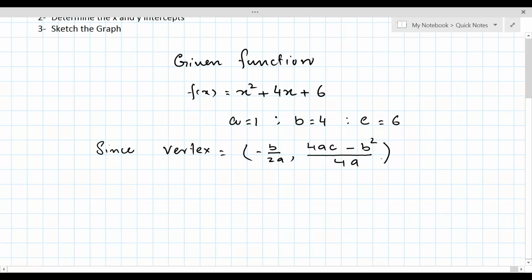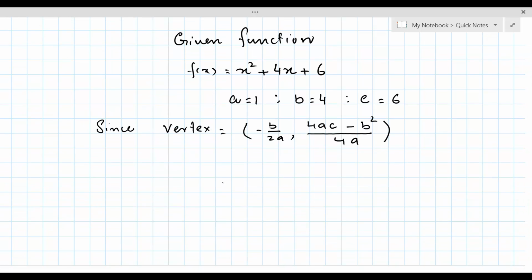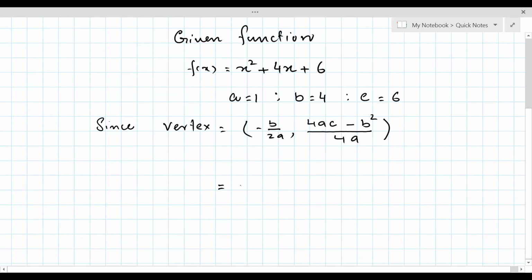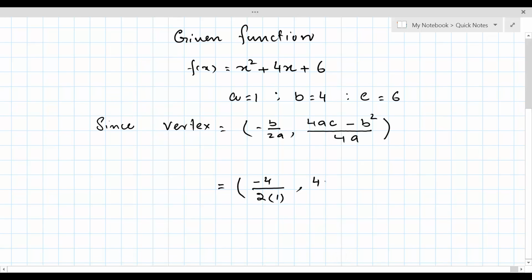So we are going to substitute the values of a, b, c in the formula. So this will be equal to minus 4 divided by 2 times 1, comma, and 4 times 1 times 6 minus 4 squared divided by 4 times 1.